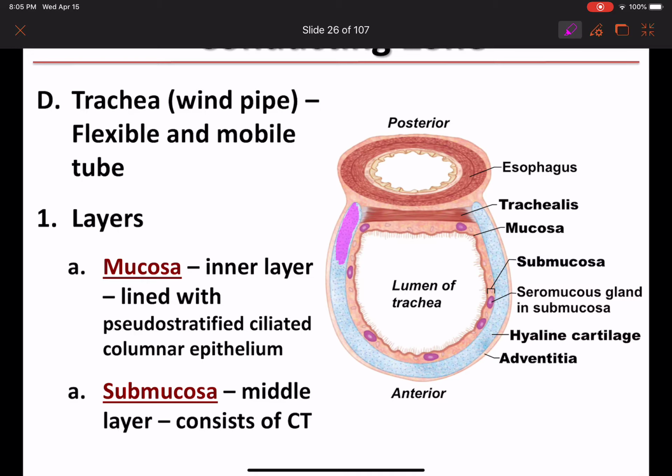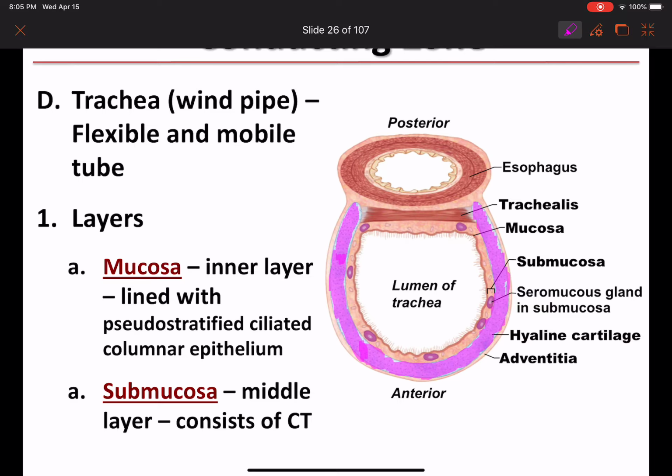So again, I'm going to color in this cartilaginous ring for you here, just to emphasize its presence. And obviously you can see the hollow air-filled lumen in the center of the tube.